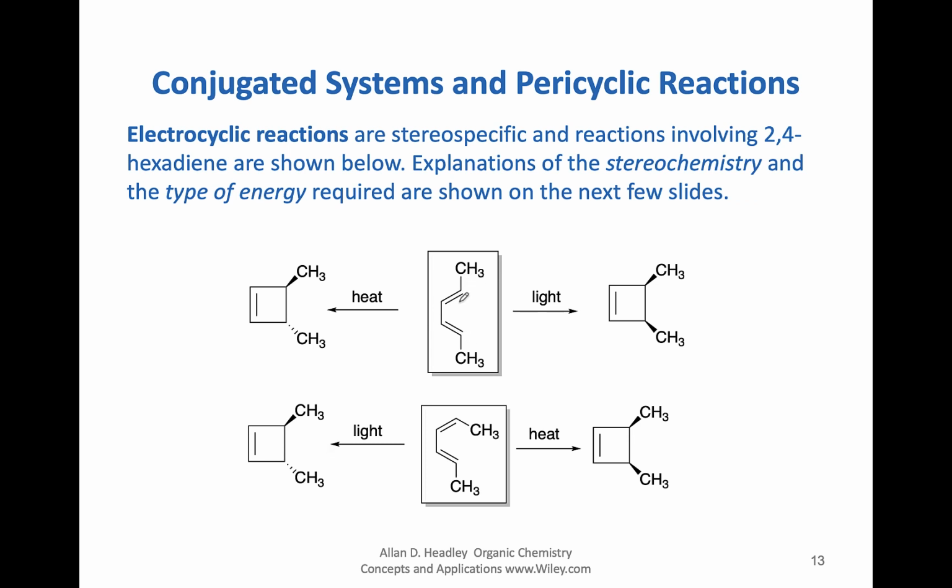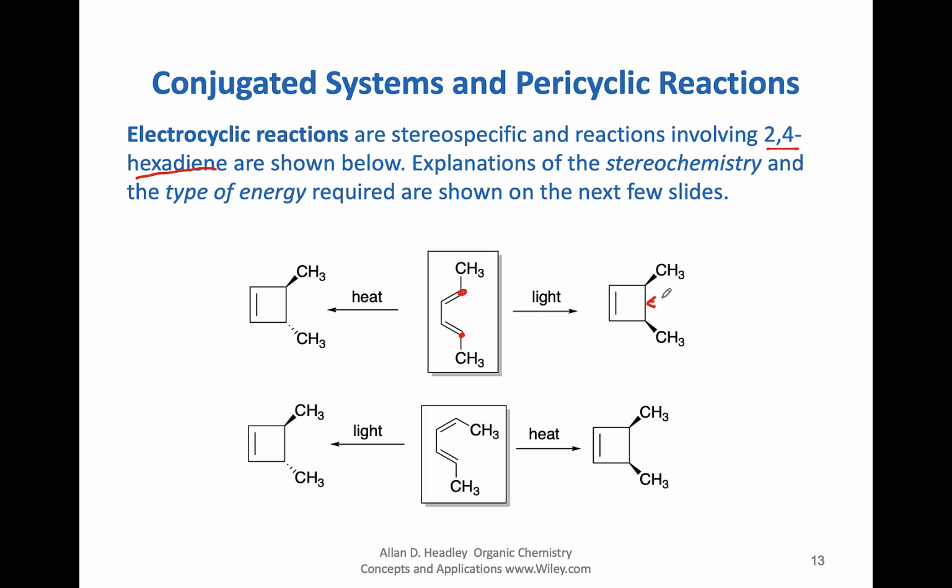Example, here is the conjugated polyene for 2,4-hexadiene. So here is the conjugated polyene in the middle. In the presence of light, it closes up to form this bond right here. Notice at the ends, that's where it closes up.